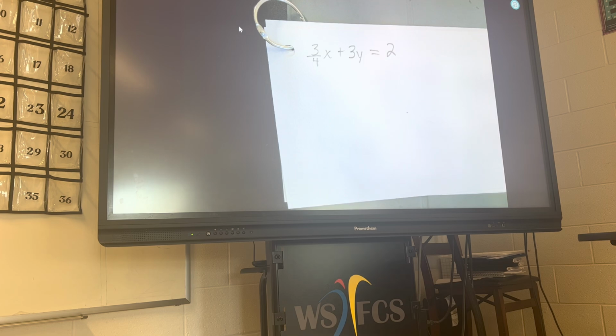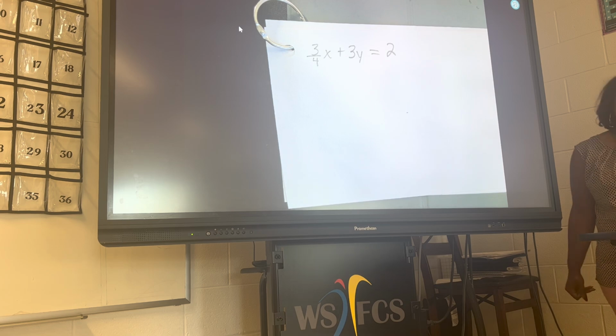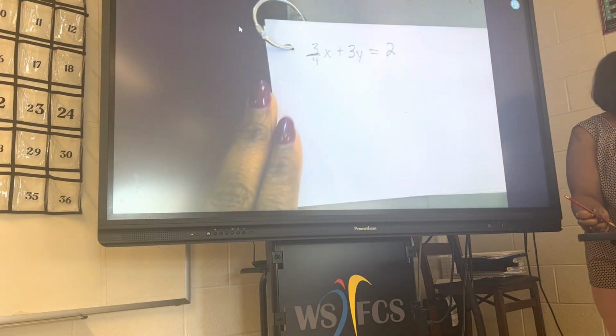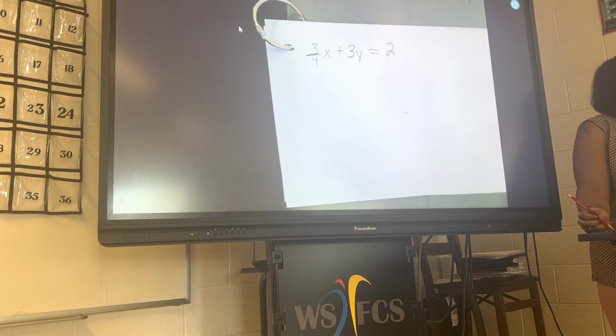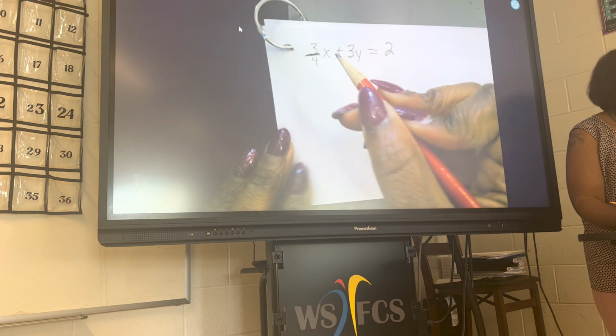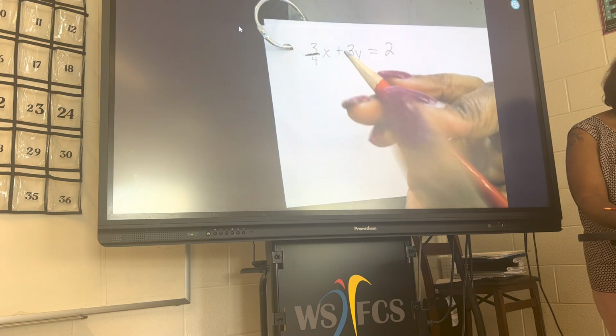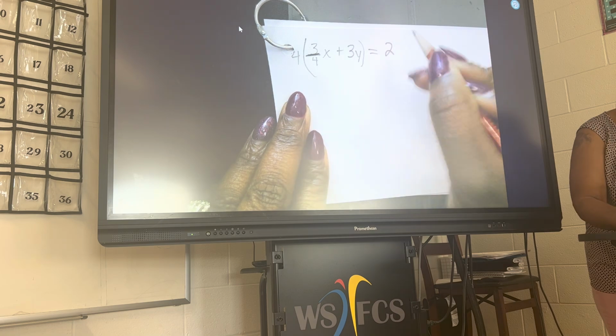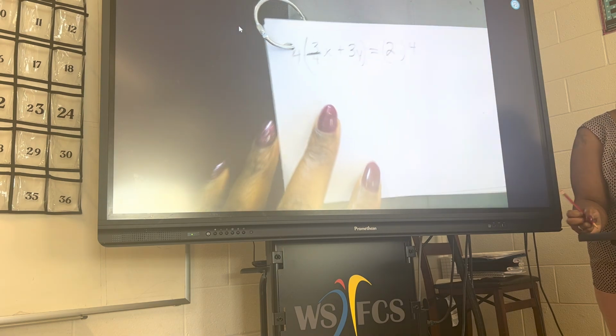Why not? Because it's a fraction. The only way to get rid of it is to get rid of the denominator of 4. What operation is this right here? Division. What's the opposite of division? So multiply everything by 4, on both sides.